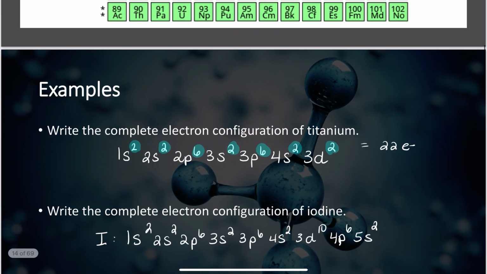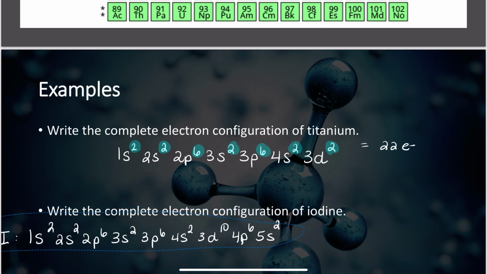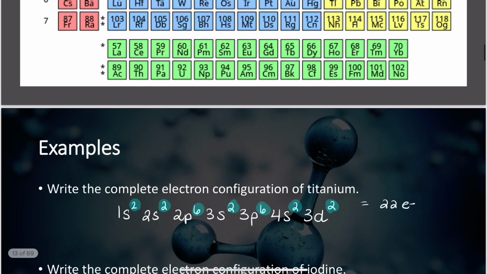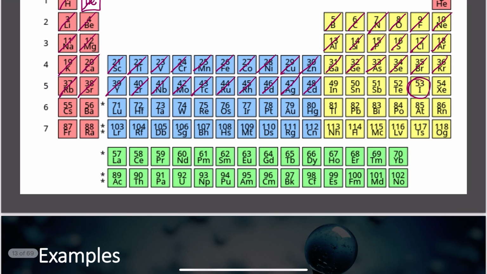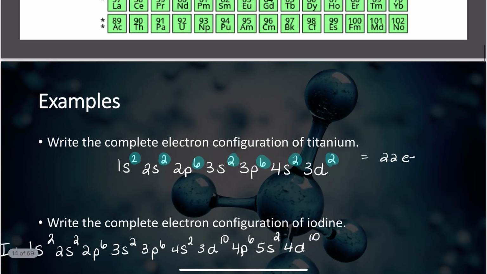We're very close to being done. And back in my p's, I'm in my 5th energy level, so 5p1, 5p2, 5p3, 5p4, and 5p5.